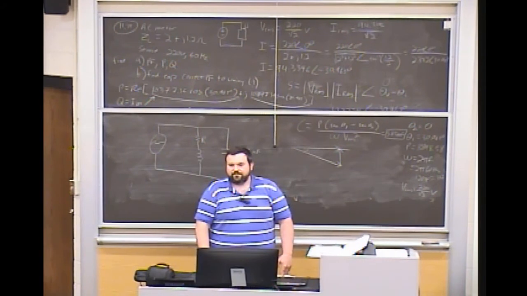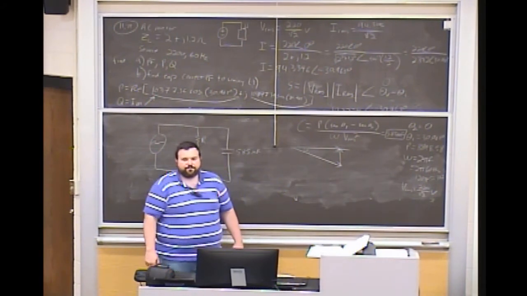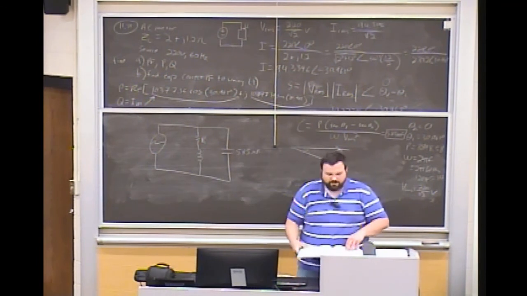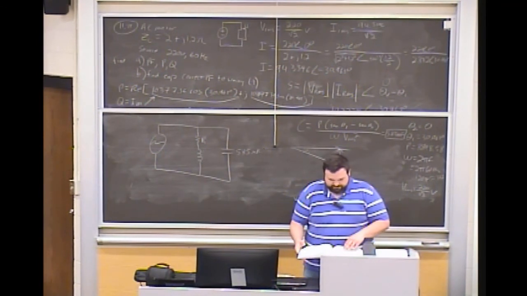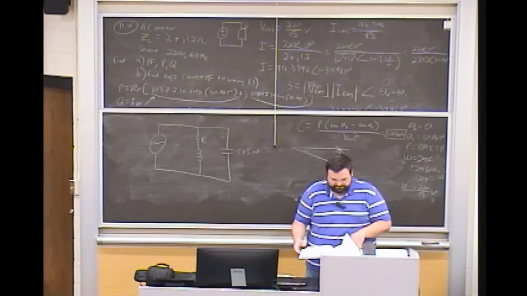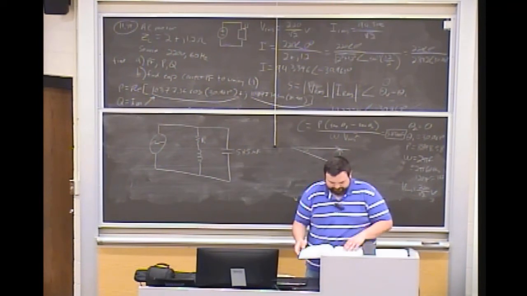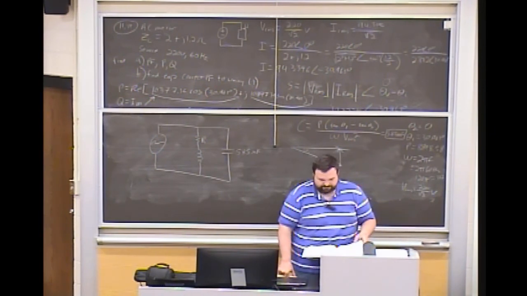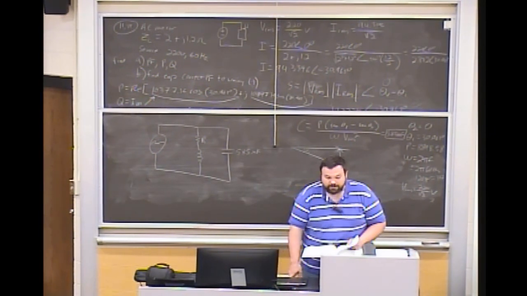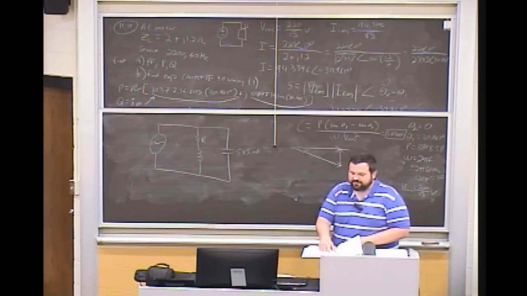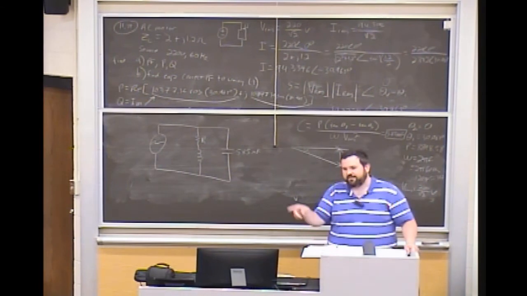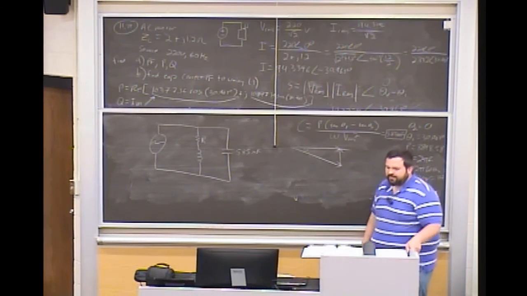Is the S complex power? I know there's S and there's S bolded. What's the difference between those? So the S here is, I think, your apparent power. Actually, no, I'm sorry. This S is your complex power. The non-bolded S is your apparent power.